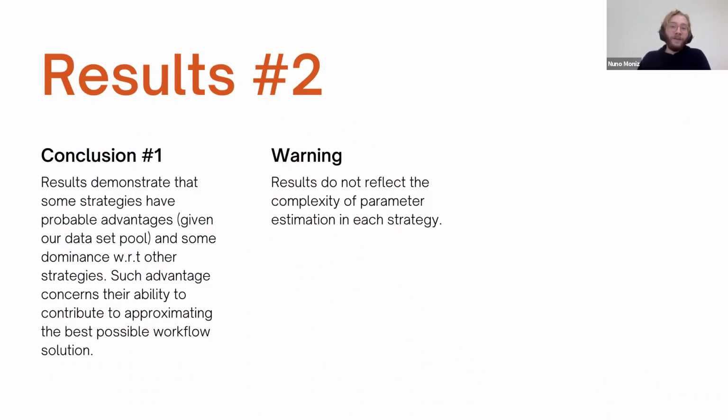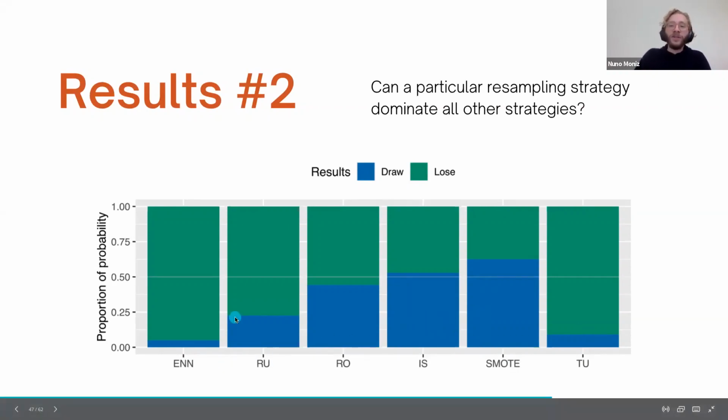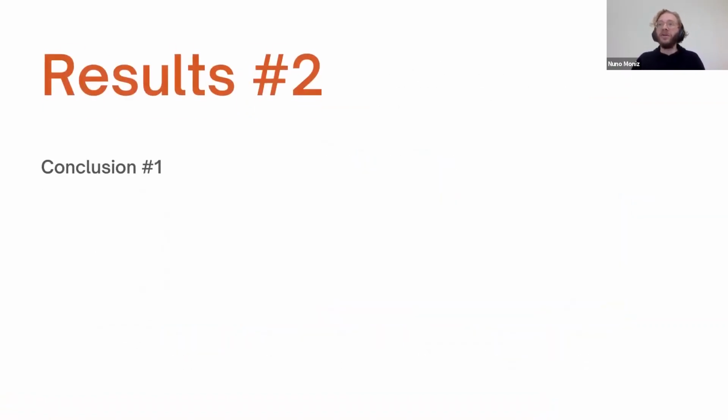And that advantage is basically their ability to approximate the best possible workflow solution. Of course, this does not reflect the complexity of parameter estimation. For example, in SMOTE and importance sampling, we're testing over 100 possible solutions, while in Atomic and random undersampling, we're testing much less, like 20 or 30 solutions.